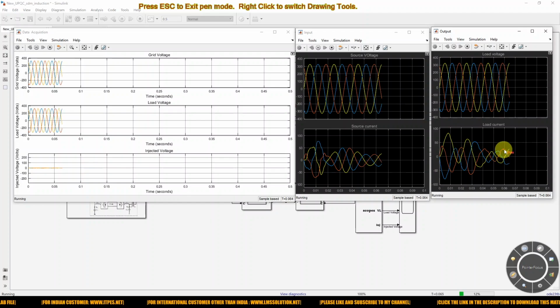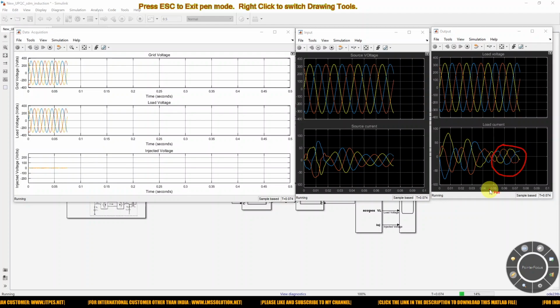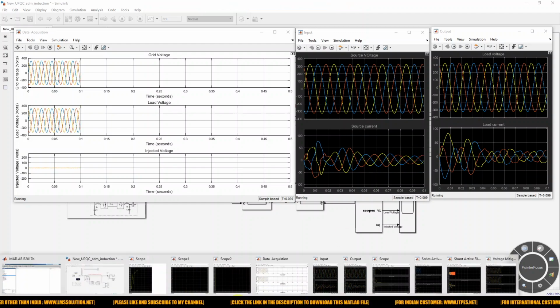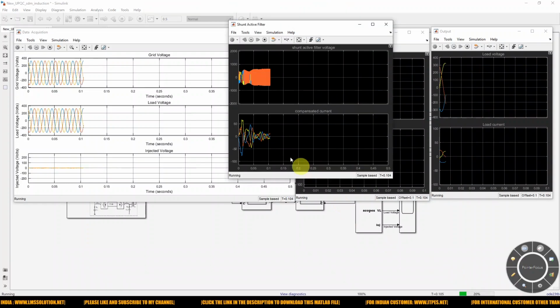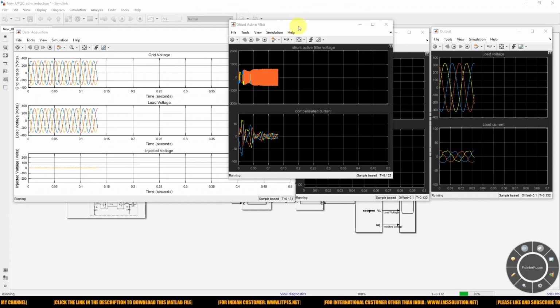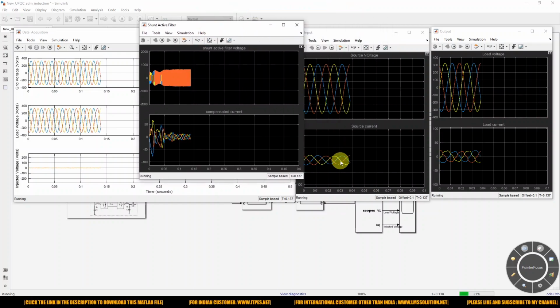Now first you can check the response of load current and source current. Here you can see that the load current is non-sinusoidal because of that nonlinear load. Here you can see that the source current is sinusoidal. What happened is that the shunt converter is injecting the compensation current into the system in order to make the source current sinusoidal.